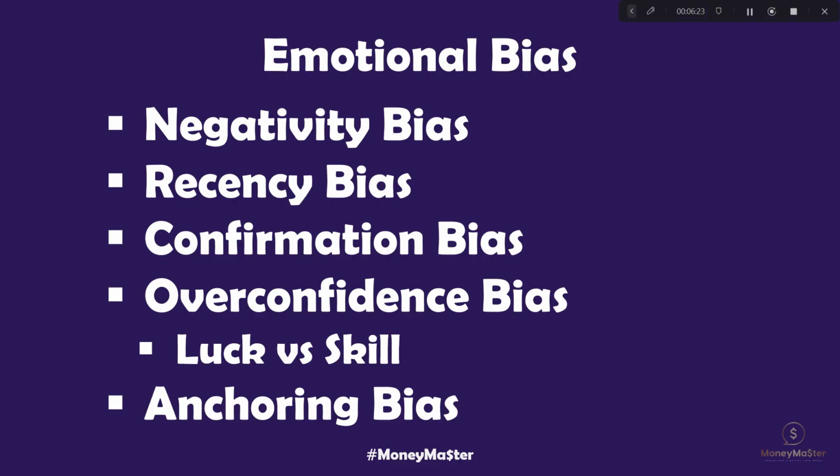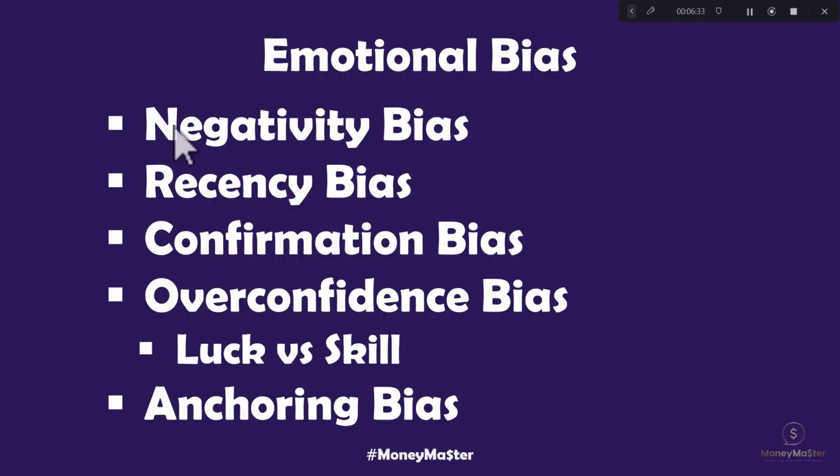And those emotional biases are negativity bias, which I've already now discussed about risk aversion. We are negative, we want to prevent the pain. So negativity bias, we are prone to be more negative than positive.